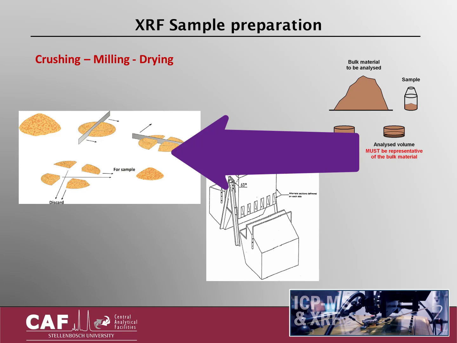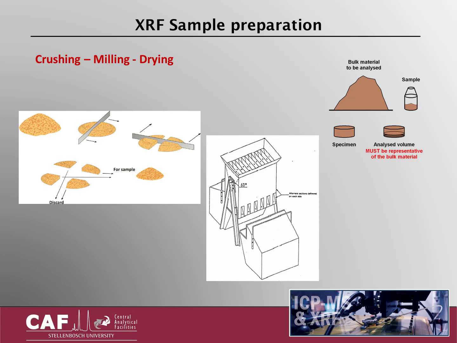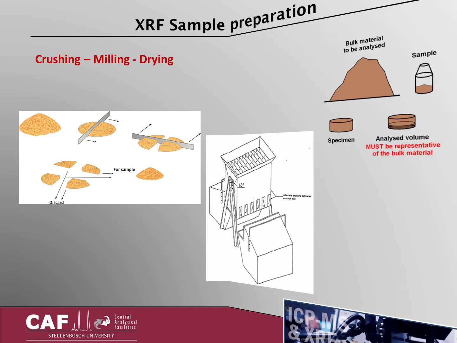These methods are used to ensure that your fraction sample is still representative of the 1 to 2 kilogram bulk sample, as heterogeneity can be very apparent in some sample types. Similar to the jaw crusher, the mill pot also undergoes a rigorous cleaning procedure before and after milling of the sample to avoid any contamination.